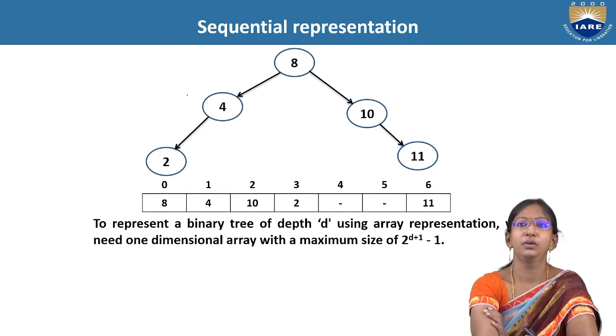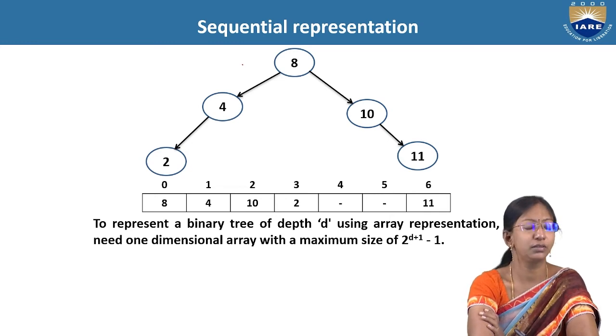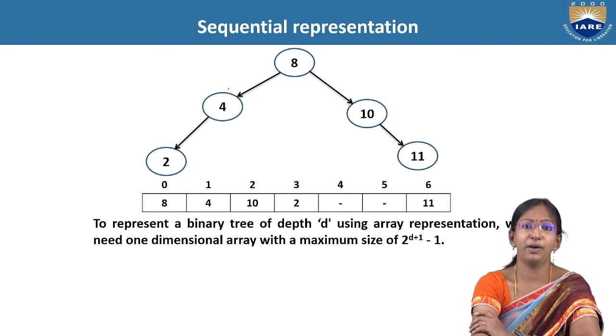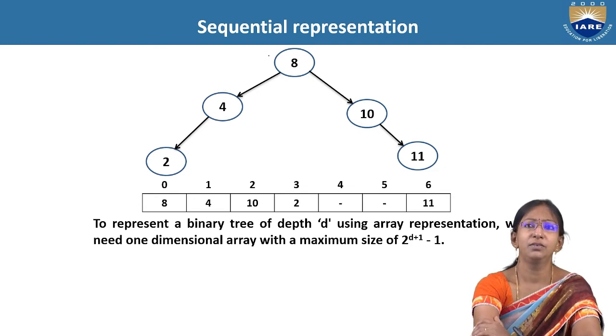We have to give numbering index. See, if we are storing data in an array, we need to follow the index values. Am I right? So we have to give index values to the elements in a tree. Simple.